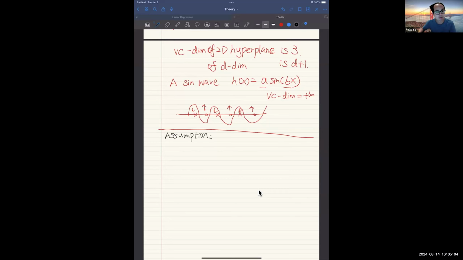The assumption is, if you have some model class, for example with some hypothesis space, it could be polynomial space, and all the training data D is drawn in IID manner.